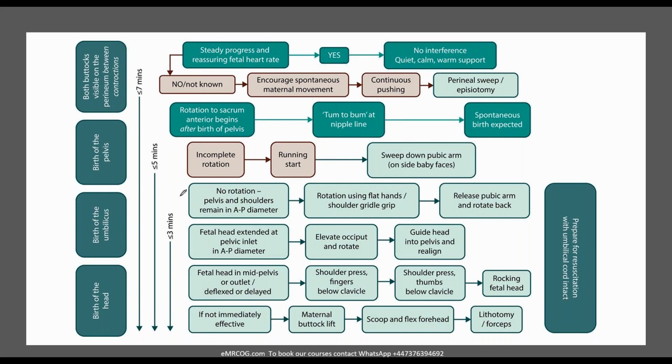I try rotation here. Okay, I will try rotation myself, and I will rotate the baby to release the pubic arm and rotate back to deliver the other arm. Clear?